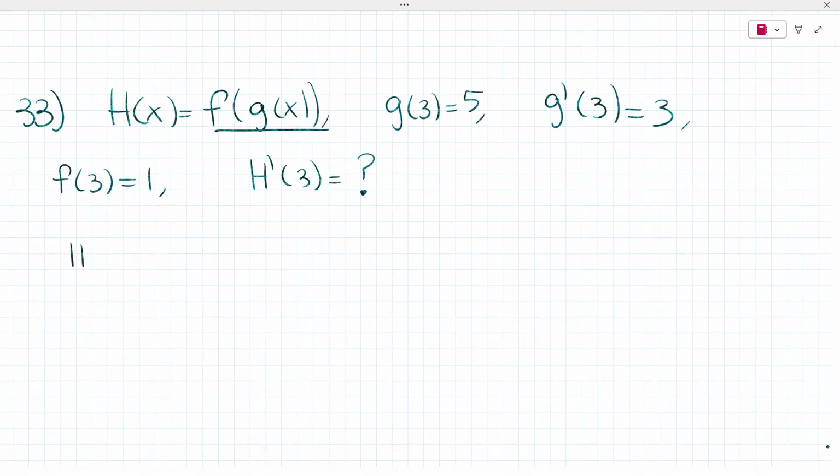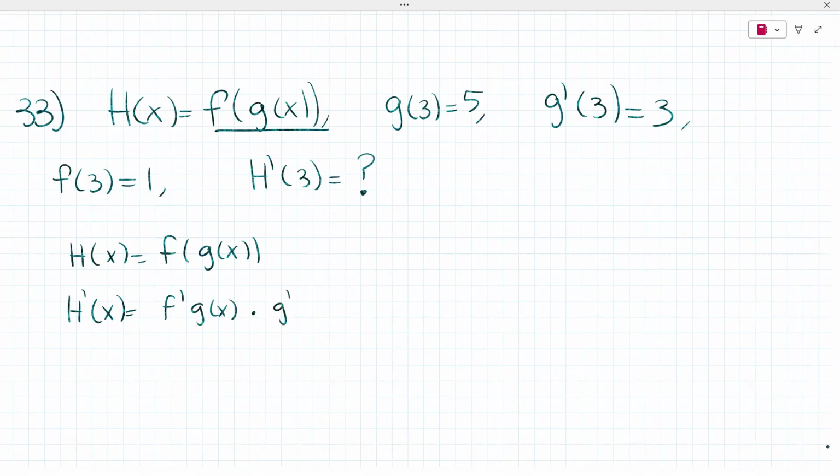If h of x is equal to f of g of x, what would h prime of x be? Yes, you have to use the chain rule. This is exactly the chain rule. So it's going to be f prime of g of x times g prime of x, right?